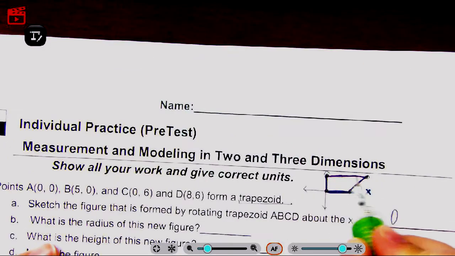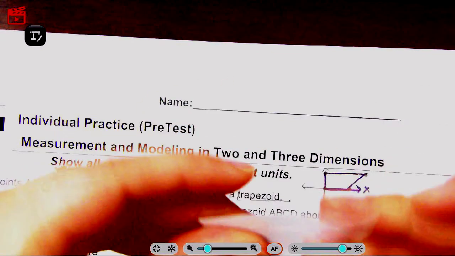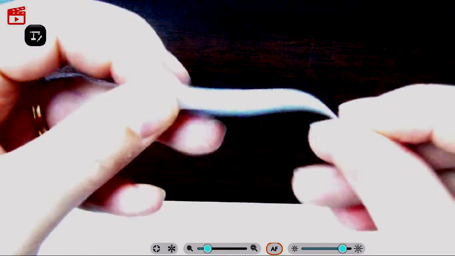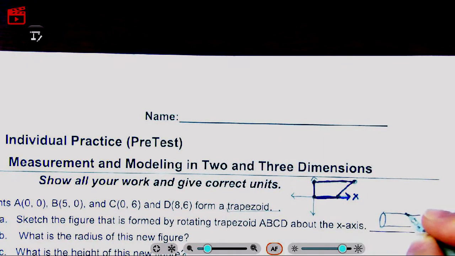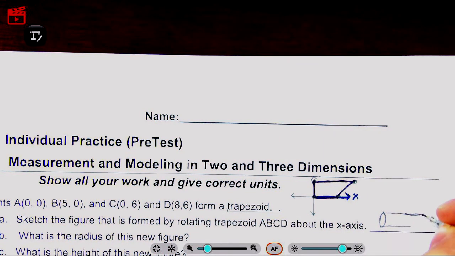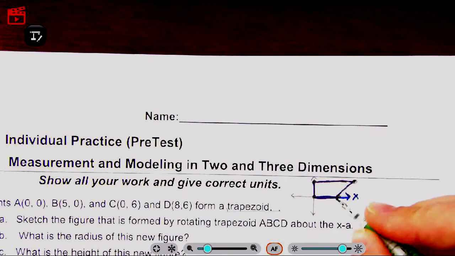Well, what about rotating these two things? Rotating these two things makes it look like this. However, notice that the top portion, this portion right here, is much longer than the bottom one. So when we rotate the top portion, it makes a circle, but then the inside also makes a circle. The top portion is longer, and it makes a circle. And then we have this intersection.